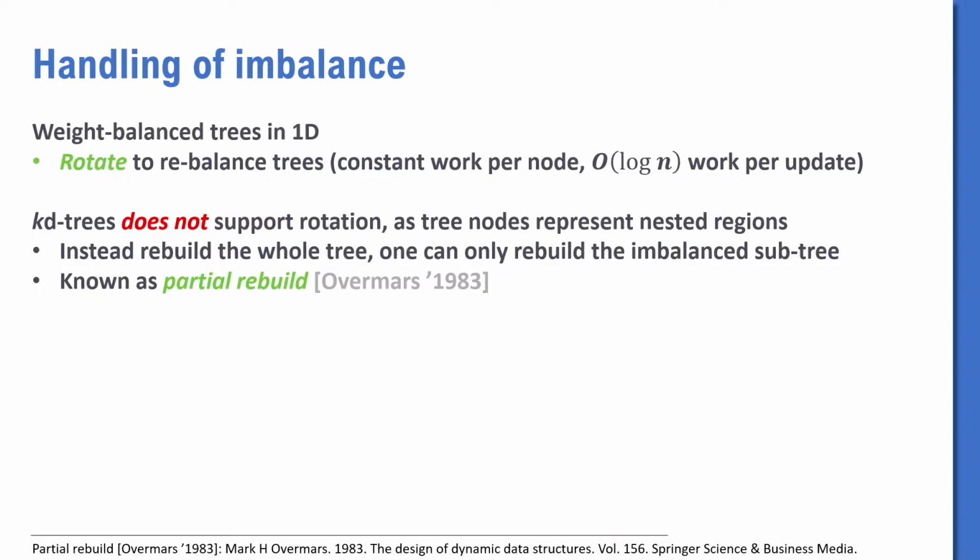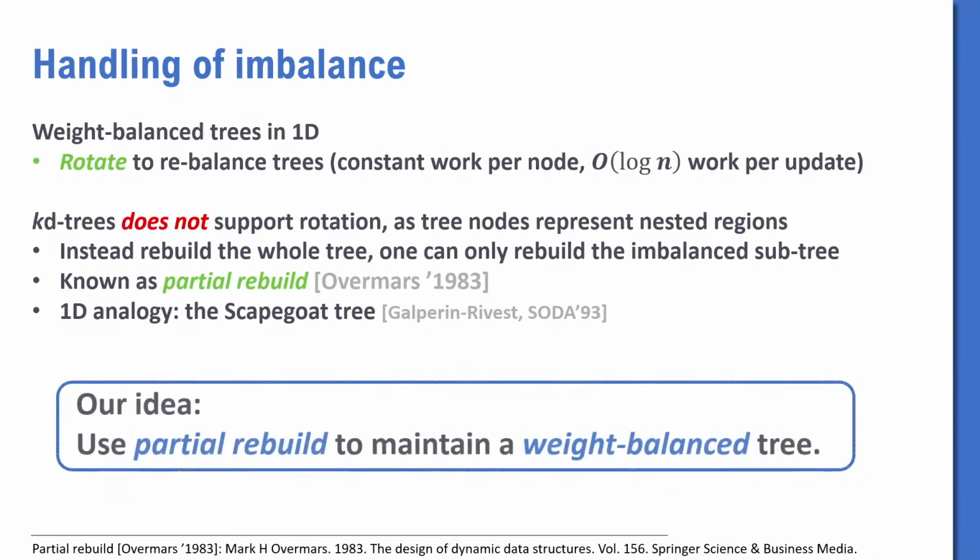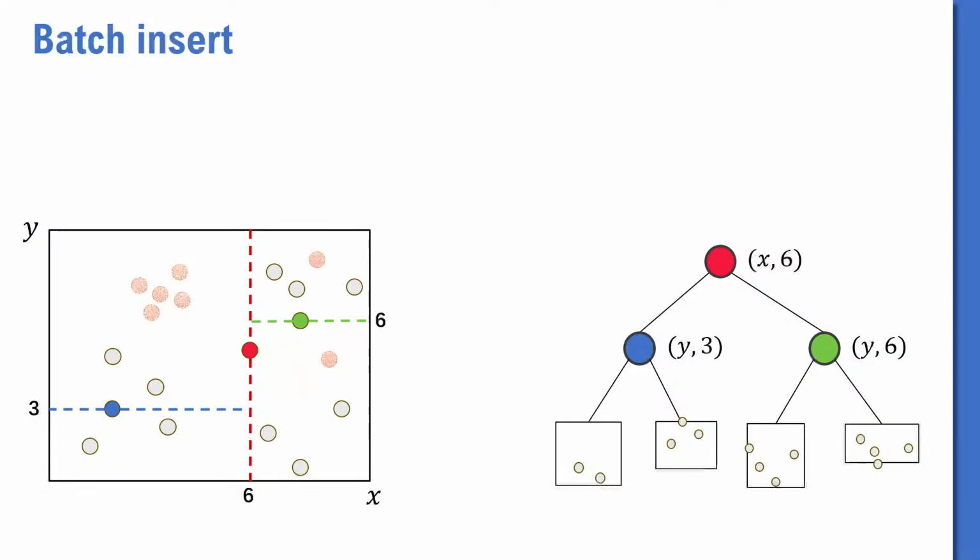This is proposed by Overmars in his PhD thesis, the design of dynamic data structures. You can show just rebuild the unbalanced part. And then the 1D analogy is the scapegoat tree, and then just weight balanced tree. But if you replace rotation by partial rebuild, that is the scapegoat tree. Okay, so this is similar in our PKD tree. We just partially rebuild the part that is no longer weight balanced. For example, we have the batch insert.